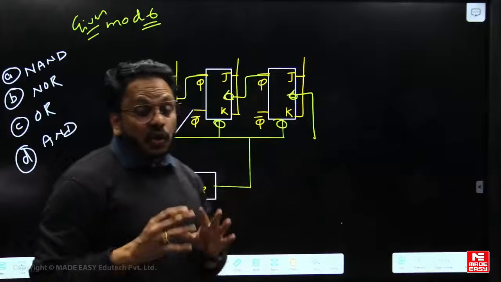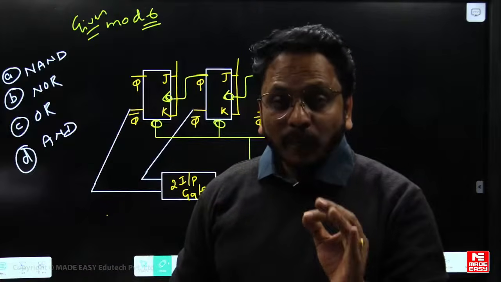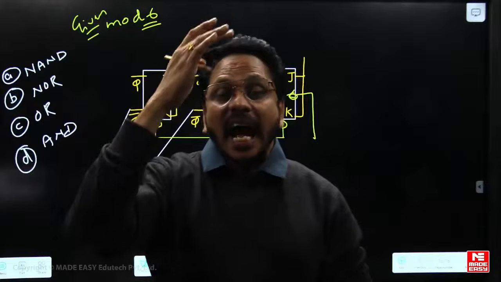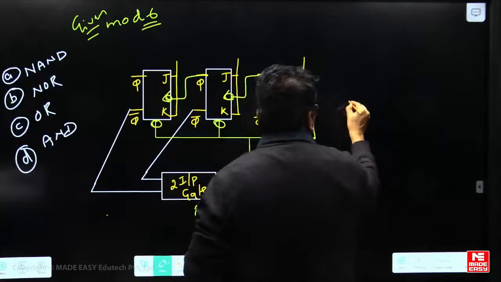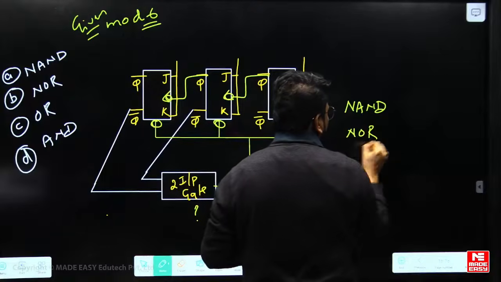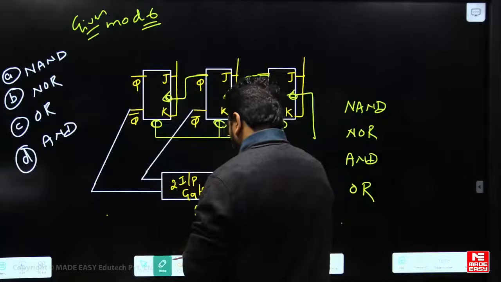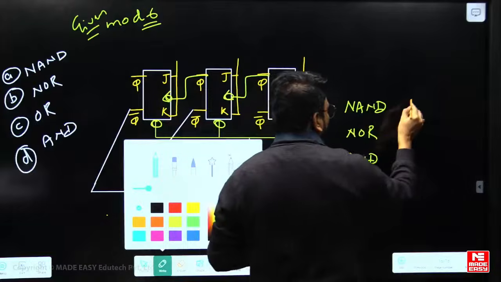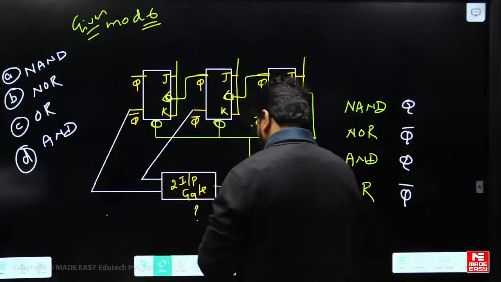For this one, remember the short technique I am saying. Carefully observe. Say along with me: NAND, NOR and OR. Next: Q bar, Q bar.